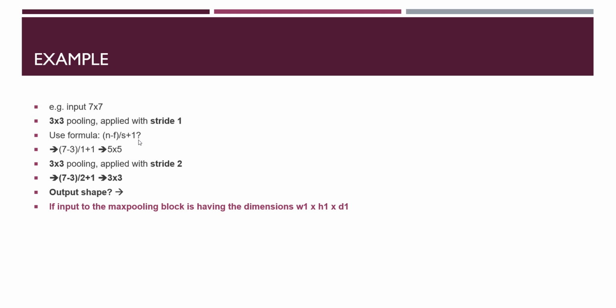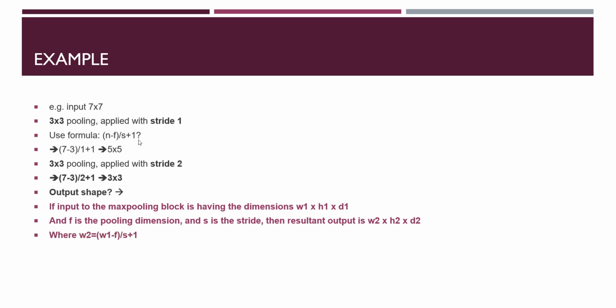Given that the input dimensions are W1 cross H1 cross D1 for the pooling layer, and if F is the pooling dimension and S is the stride, then the resultant output is W2 cross H2 cross D2, where W2 is nothing but W1 minus F divided by S plus 1, the same old formula that we have. H2 is again the same formula, H1 minus F divided by S plus 1. And D2 is the same as D1. So that remains unchanged. The number of channels remains unchanged.